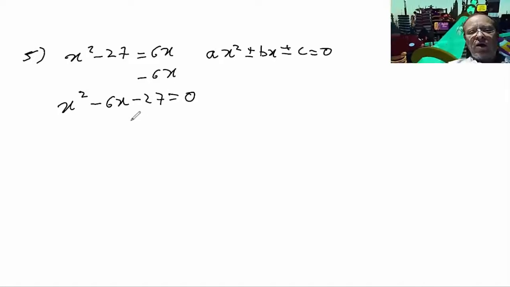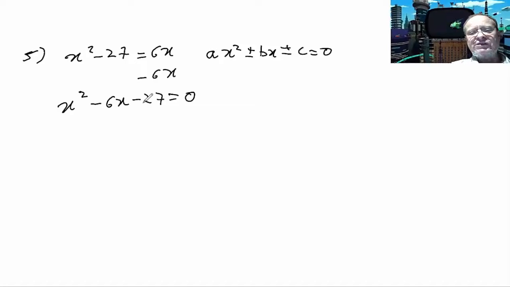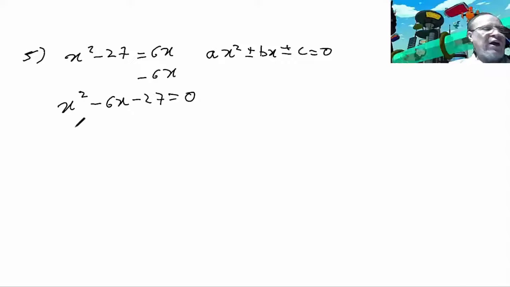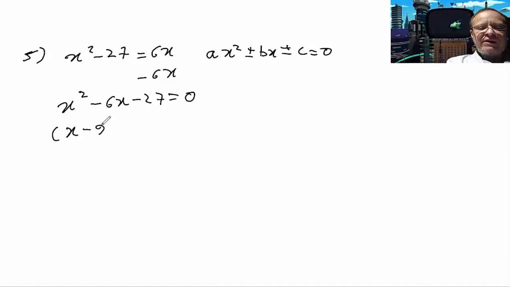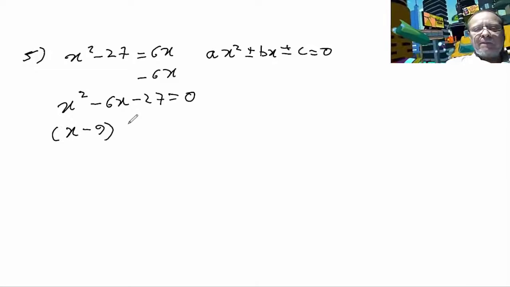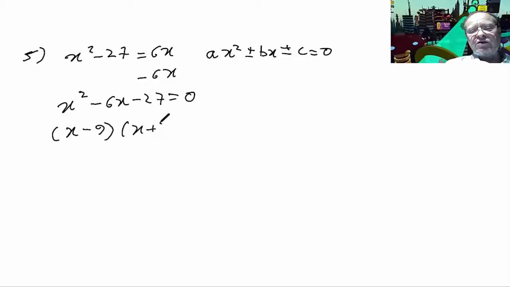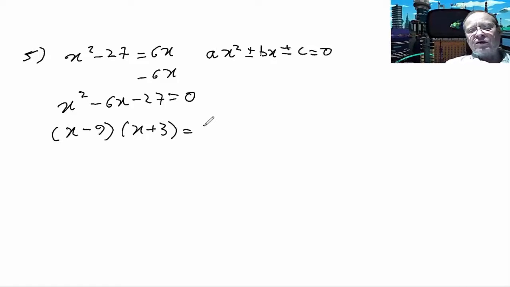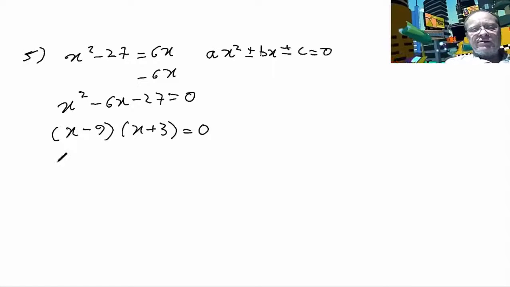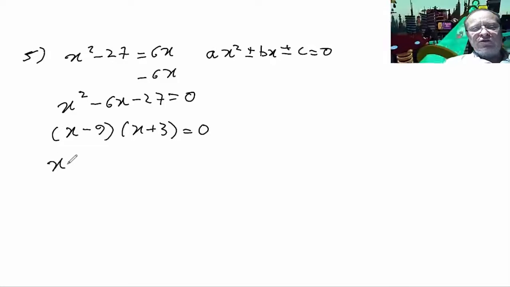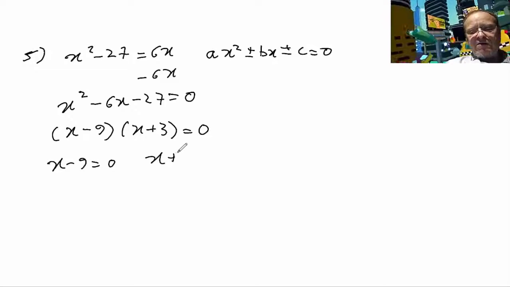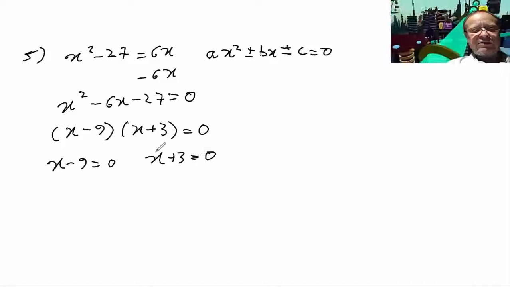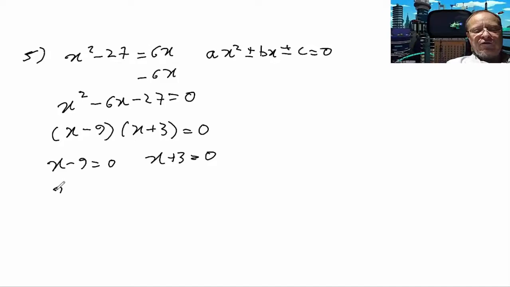Now, however you want to factor this, we factor this as x minus 9 times x plus 3 is equal to 0. And as usual, we set each of these factors equal to 0, and then solve accordingly.